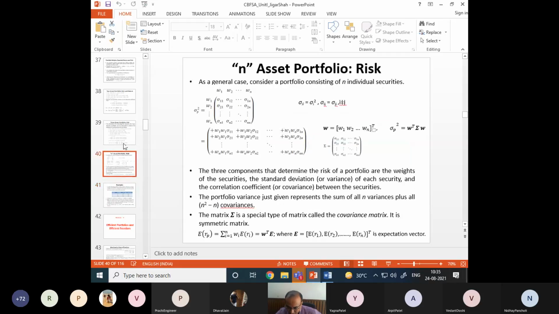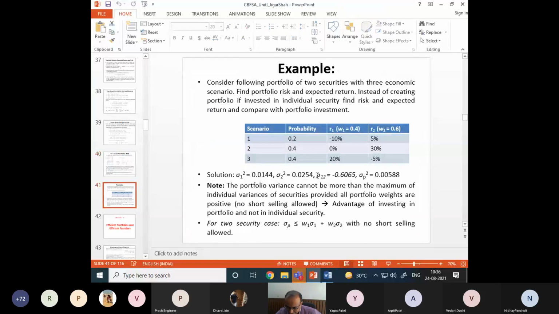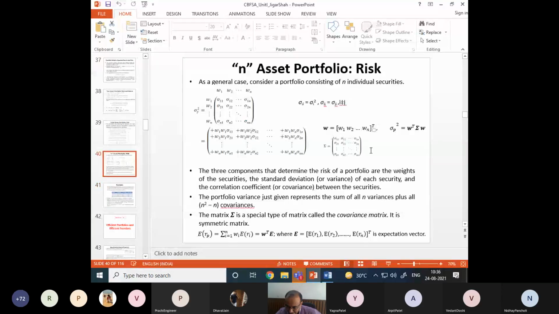Even if it is an n asset portfolio, you can find sigma p square using this formula, W transpose sigma into W. It needs the weight vector, which is the vector of W1, W2, and the known covariance matrix: sigma 1,1, sigma 1,2, sigma 2,1, sigma 2,2. Sigma 1,1 is sigma 1 square and sigma 2,2 is sigma 2 square, both known. Sigma 1,2 and sigma 2,1 are the same, and they are also known because we have determined rho 1,2. So you can substitute all these quantities and find the 2 cross 2 square matrix, that is sigma.